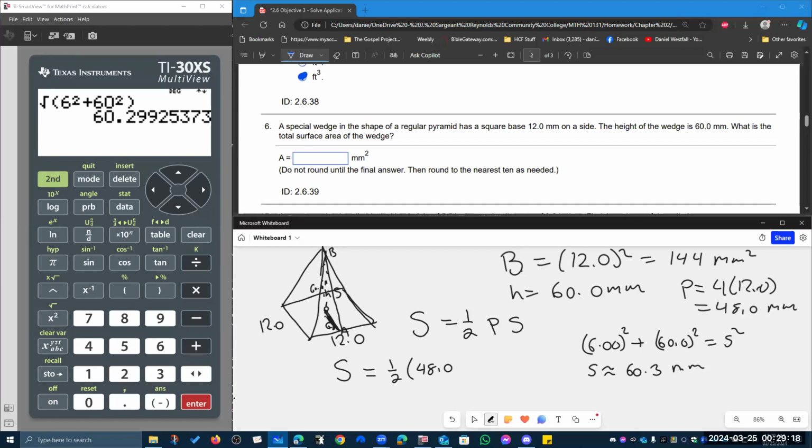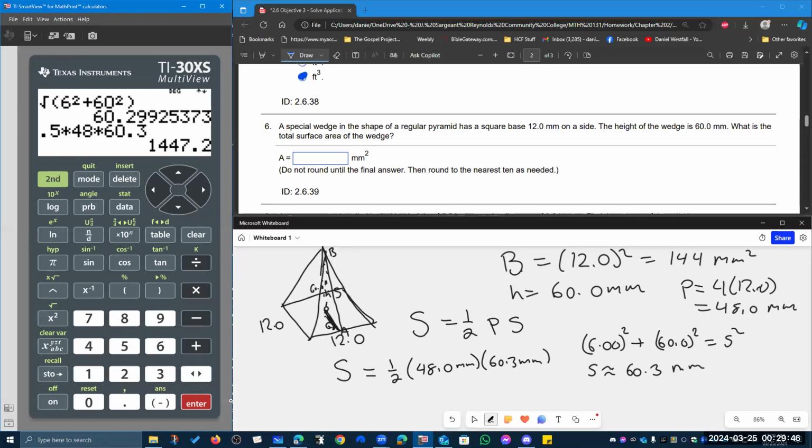And so that makes lateral area equal to 1/2 of my perimeter, 48.0 millimeters, times 60.3 millimeters. That's 0.5 times 48 times 60.3, and we're going to round to the nearest 10.